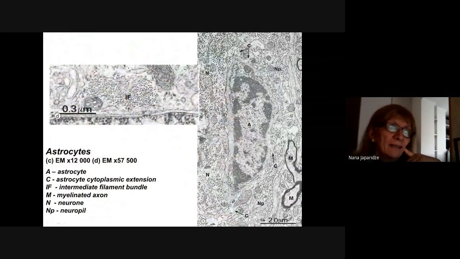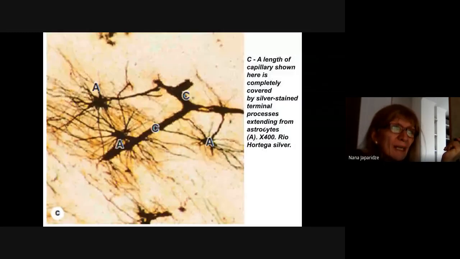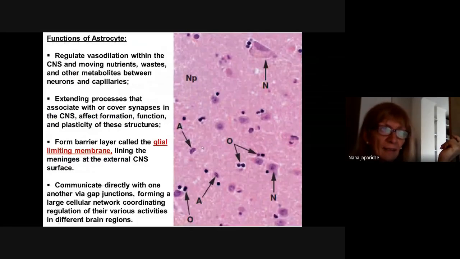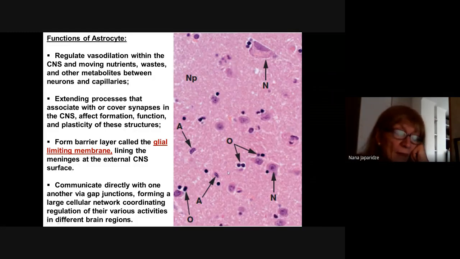Here is a TEM image of an astrocyte, and look, this is the shape of the nucleus via which we are able to identify them in conventional staining. Look here or here, okay? The shape of the nucleus.